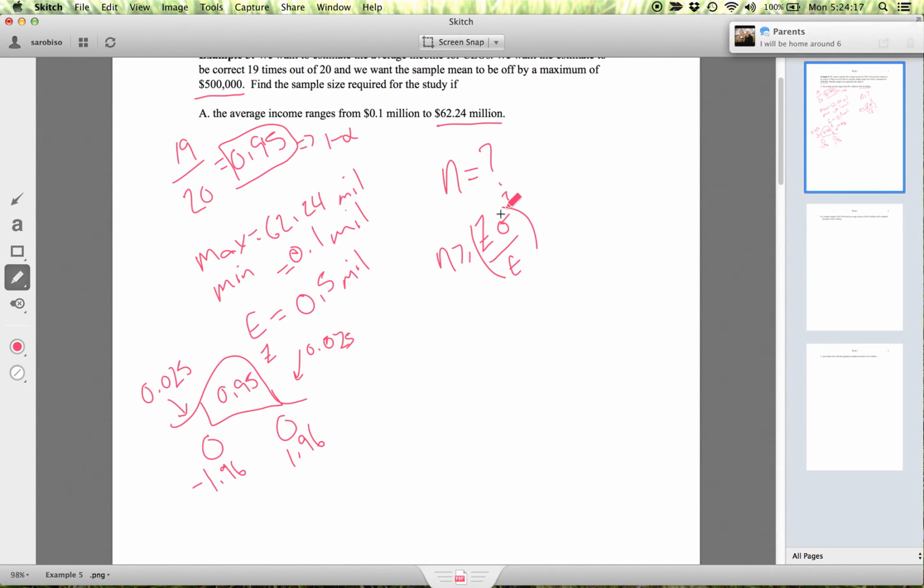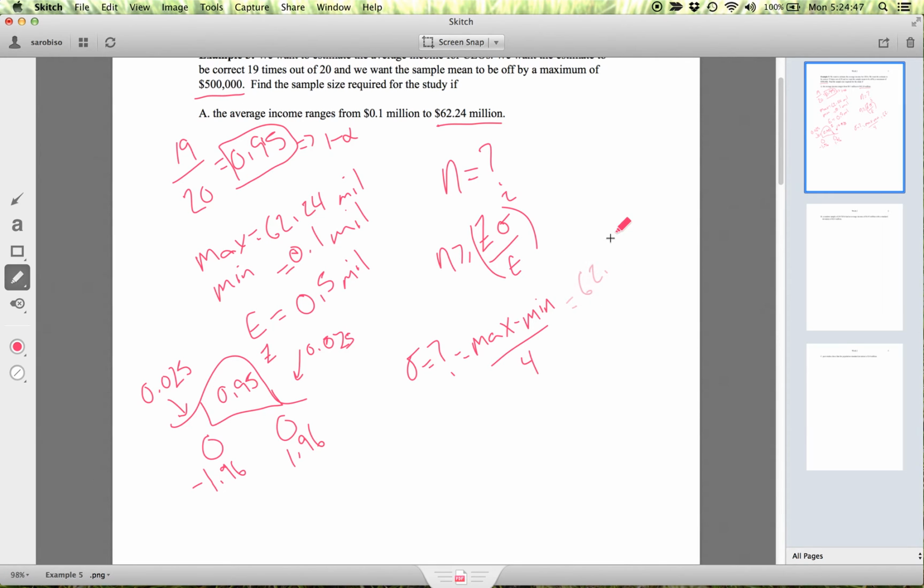Also, we need to find this sigma value here. We talked about some ways that we could actually estimate sigma. We don't have any sample standard deviation. We don't have the population standard deviation. So what are we going to do for sigma? If you don't know the population or the sample standard deviation, you can try and estimate sigma by taking the maximum value, subtracting the minimum value, and dividing by 4.